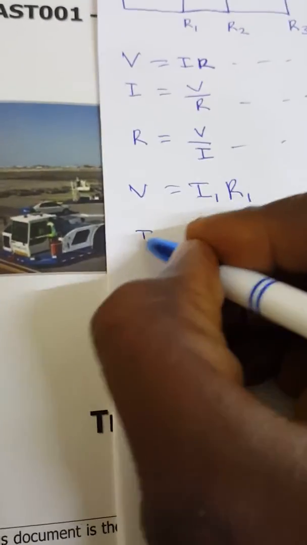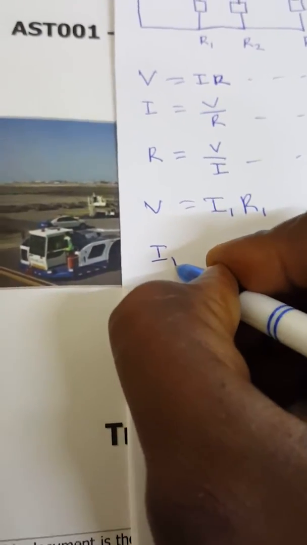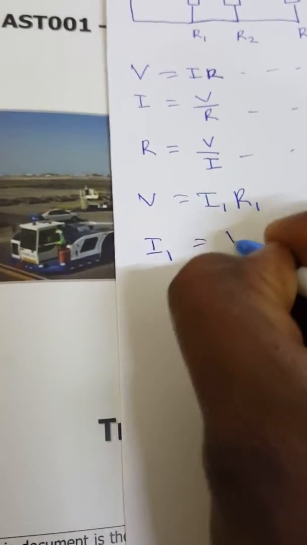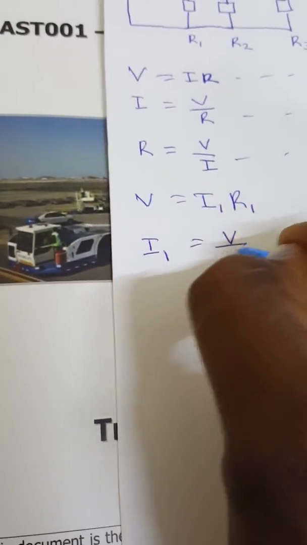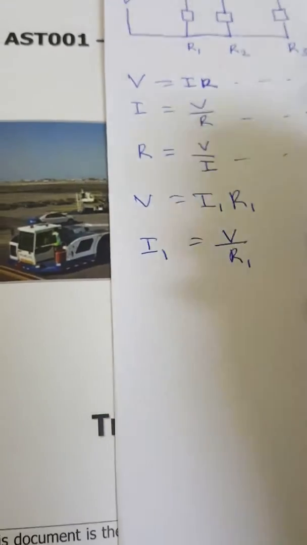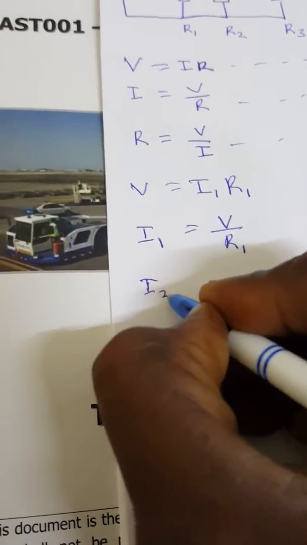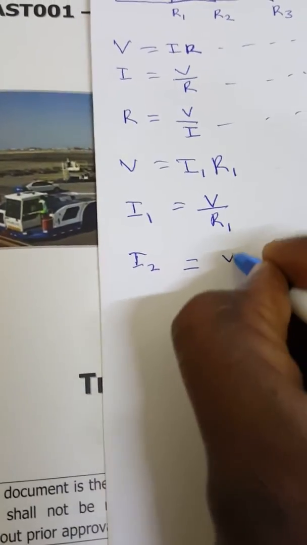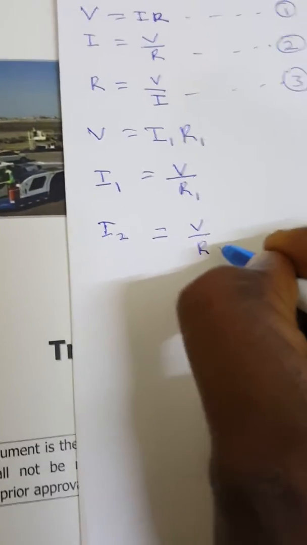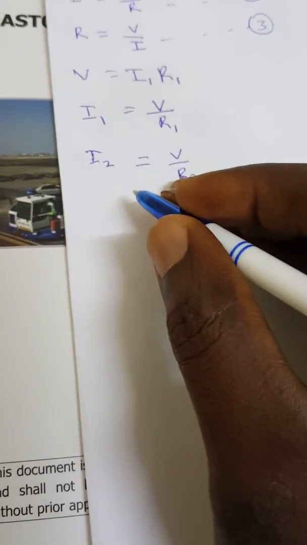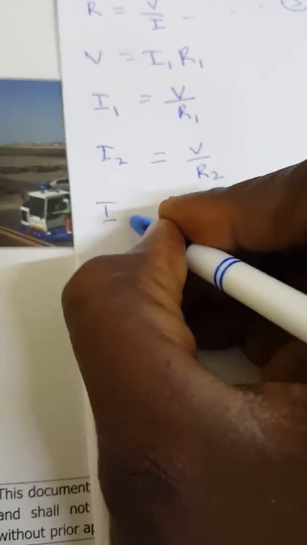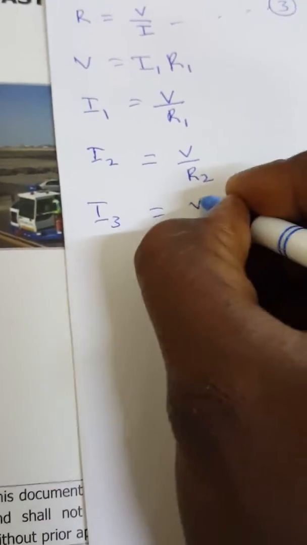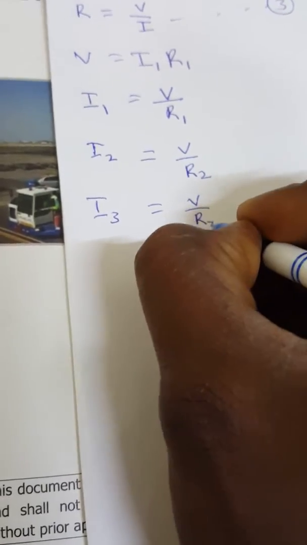Where I1, according to Ohm's law, is equal to V over R1, I2 is equal to V over R2, and I3 is equal to V over R3.